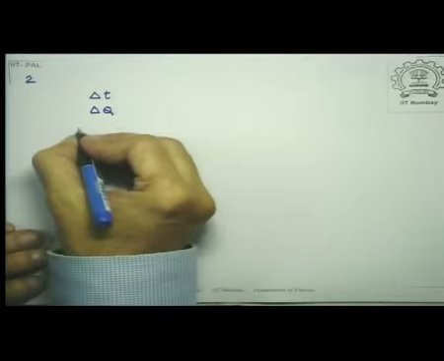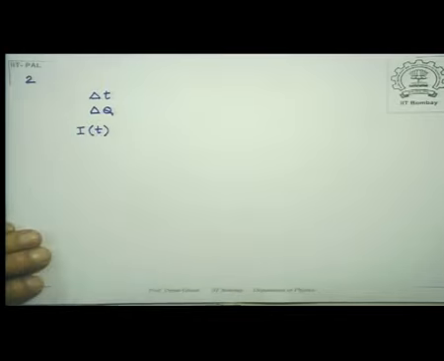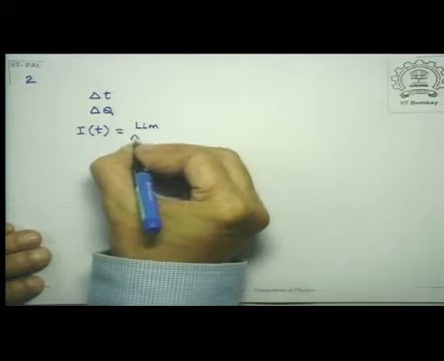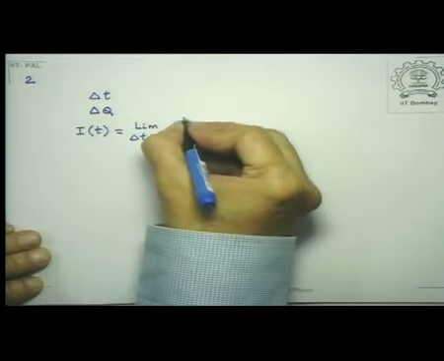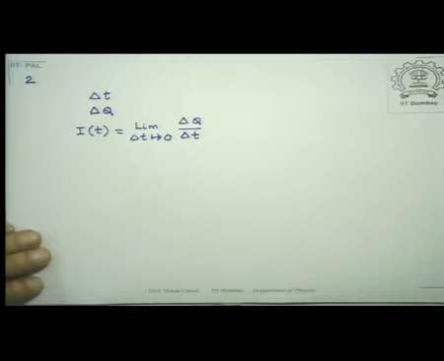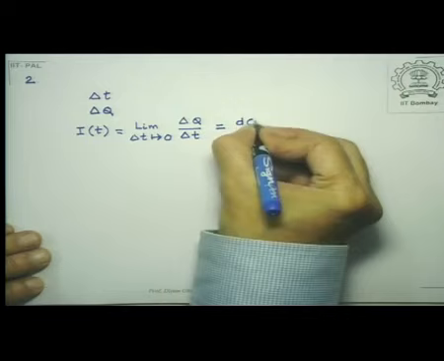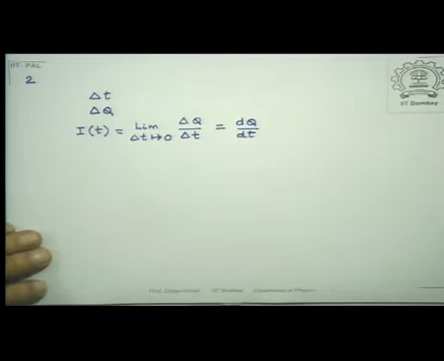Then my current I at that instant can be defined as the limit of delta t going to 0, I take as small a time interval as possible, of delta q divided by delta t. You recall from your calculus that this is nothing but dq by dt. So, this is my formal definition of current.